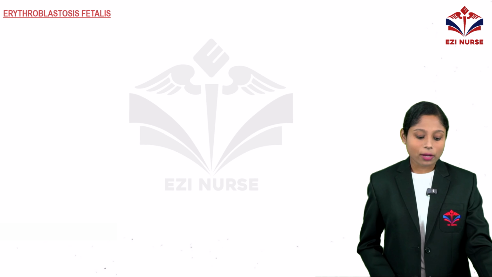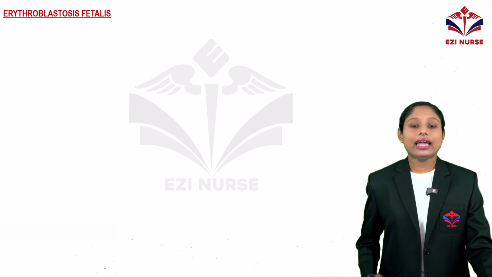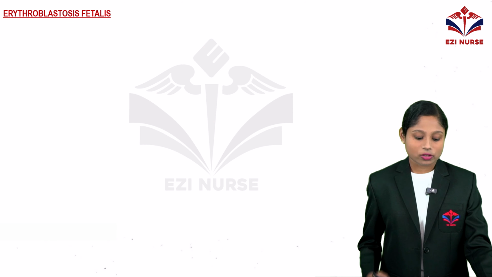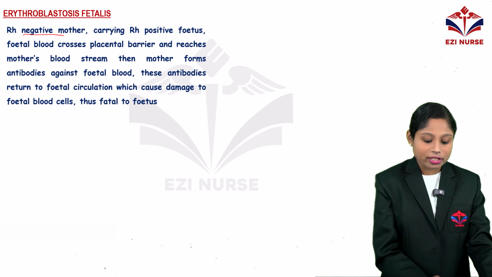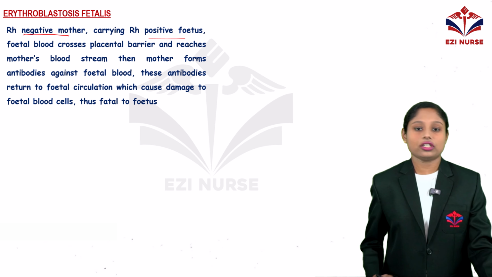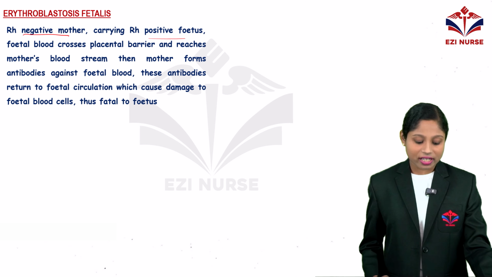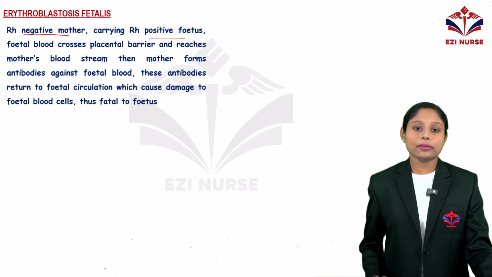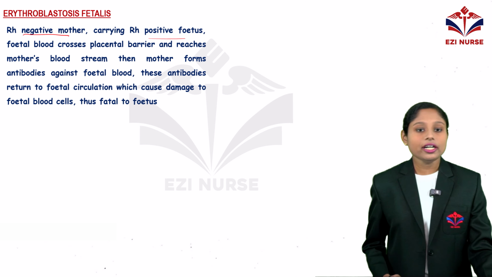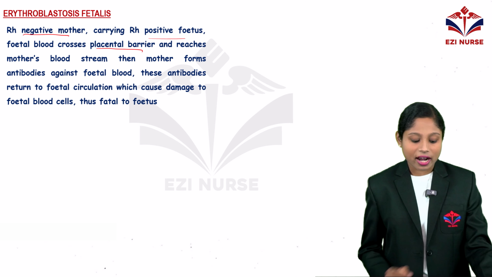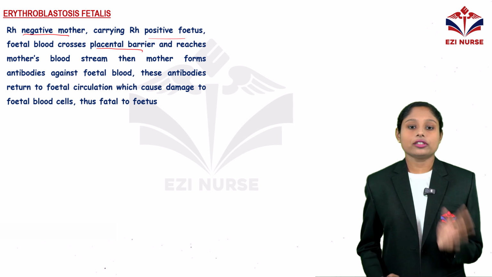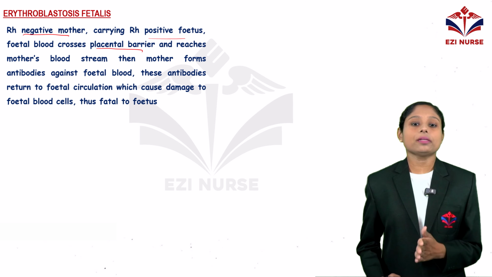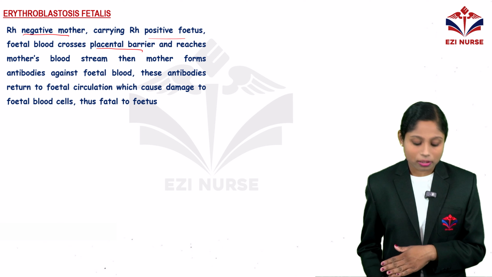Now we are moving to another important question, erythroblastosis fetalis. What is erythroblastosis fetalis? An Rh negative mother is carrying an Rh positive fetus. Fetal blood crosses the placental barrier and reaches the mother's bloodstream.